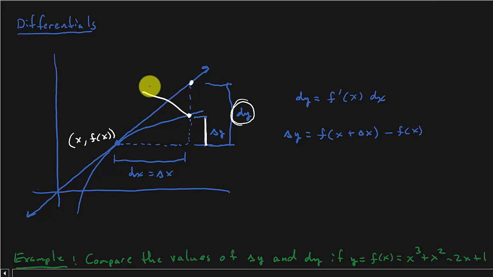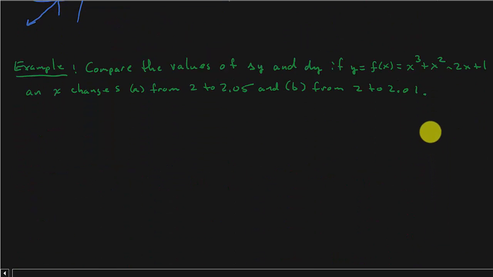And then this point right here, well, if we go over delta x, that's x plus delta x, you see that? And then what's the y coordinate? f of x plus delta x, right? That would be that y coordinate. And see, all you're doing is you're subtracting the y coordinates. That's all you're doing there. All right.